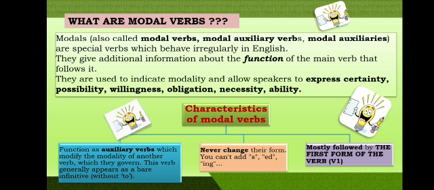Secondly, these verbs never change their form. You can't add s, ed, ing to it. They don't have the infinitive form as well. And mostly they are followed by the first form of the verb, that is V1.